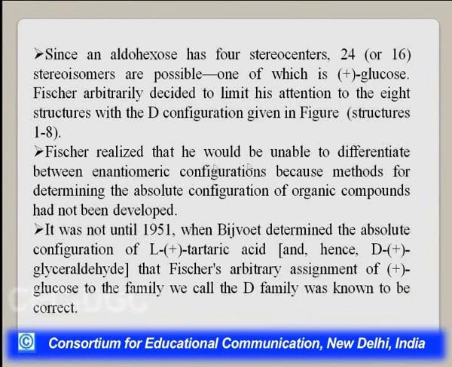Fischer realized that he would not be able to differentiate between enantiomeric configurations because methods of determining the absolute configuration of organic compounds had not been developed. It was not until 1951, when Bijvoet determined the absolute configuration of L-tartaric acid and hence D-glyceraldehyde, that Fischer's arbitrary assignment to the family we call the D family was known to be correct.